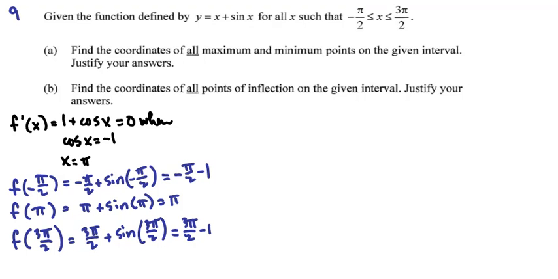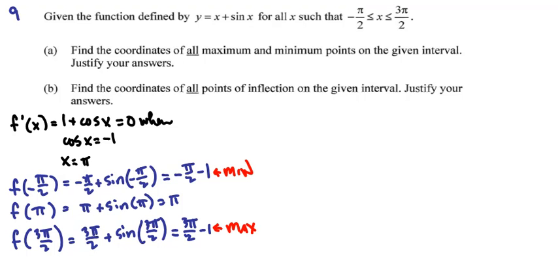And a little analysis would show that the minimum is at negative pi over 2 and the maximum is at pi. Sorry, because pi over 2 is about 1.5, so 3 pi over 2 is pi plus about 1.5, and 3 pi over 2 minus 1 would still be greater than pi.